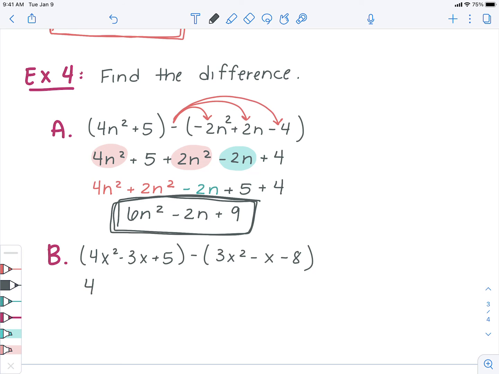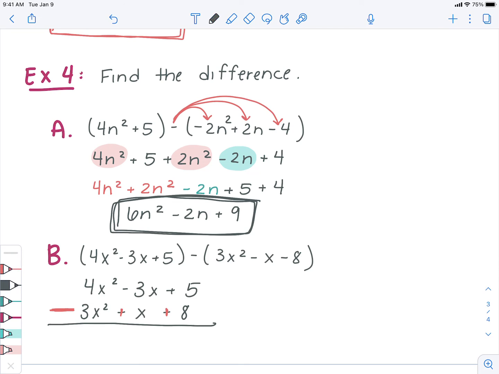So I'm going to take the 4x squared minus 3x plus 5 and the 3x squared minus x minus 8. And if I'm going to subtract them, I know that when I put a big subtraction sign here, it's going to change every sign. So this first one's going to become negative, this is going to become positive, and this is going to become positive.